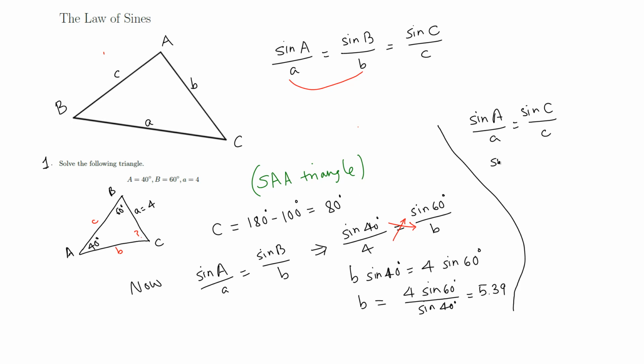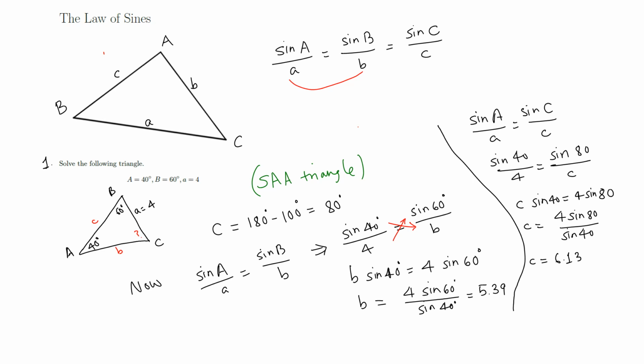So sine 40 over 4 equals sine 80 over c. Similarly, we can cross multiply. c times sine 40 equals 4 sine 80, so c equals 4 sine 80 over sine 40. Now use your calculator and you will get 6.13.